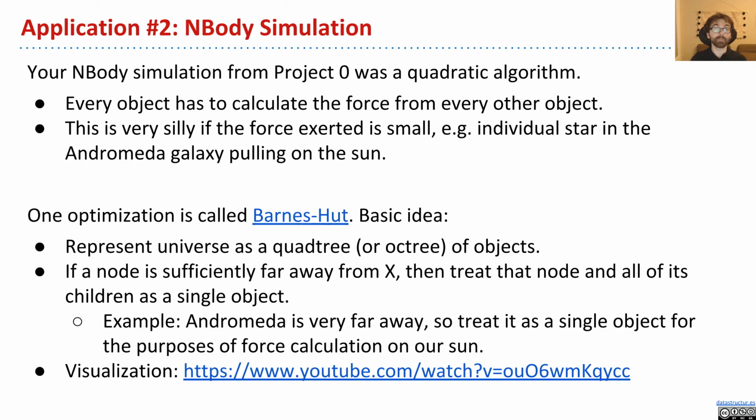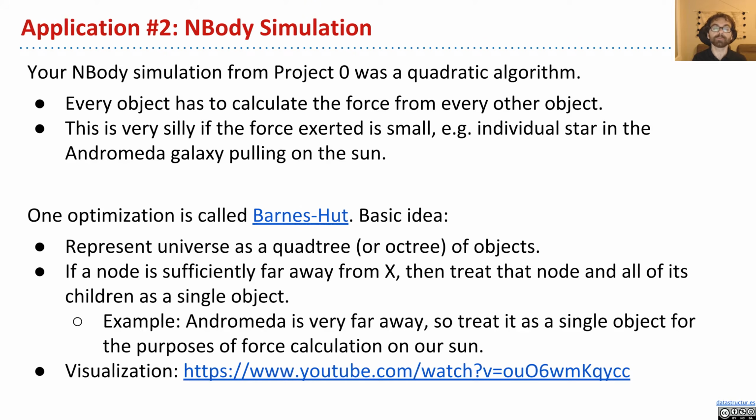But let's say you have a very complicated simulation where maybe the sun gets launched into the Andromeda galaxy, and now you need to actually calculate the individual forces. How do you smoothly do that? Well, one optimization is known as Barnes-Hut. The basic idea is you treat the universe as a quad tree of objects sorted by space.